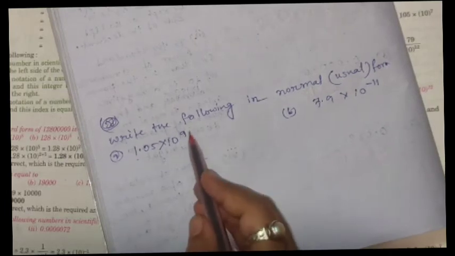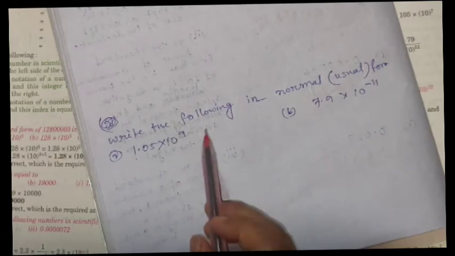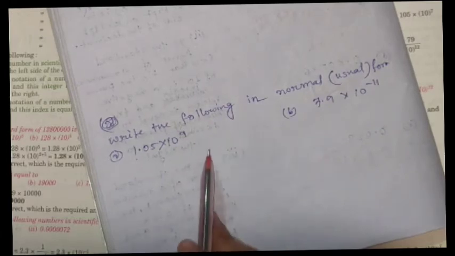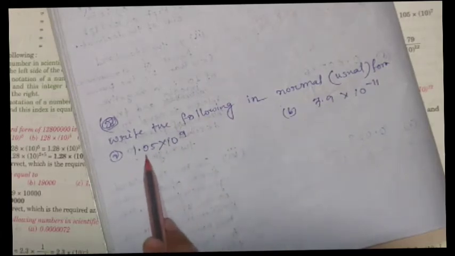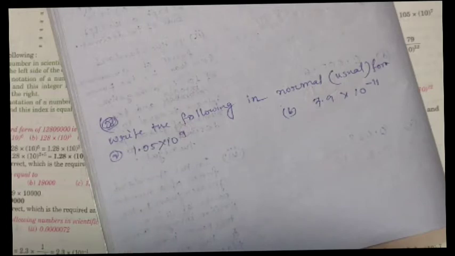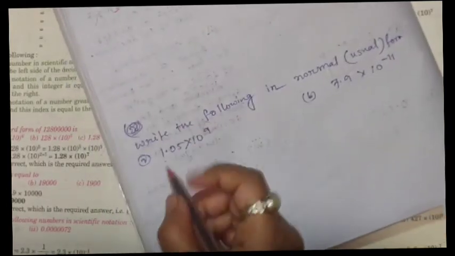That means here the power is positive. So we need to move decimal to the which side? We need to move decimal to the right side. How many units? 9 units.